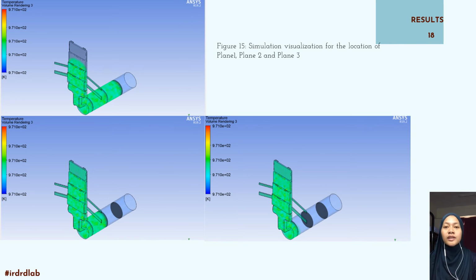The figure shows the molten magnesium when it reaches plane 1, plane 2, and plane 3. As it hits all the planes, the pressure at the critical point will be taken. As mentioned, the highest possible pressure at the critical point is desired to disperse the air entrapment and avoid porosity.